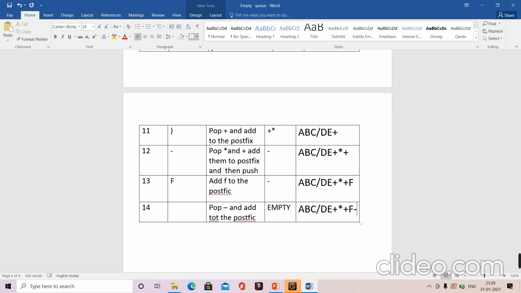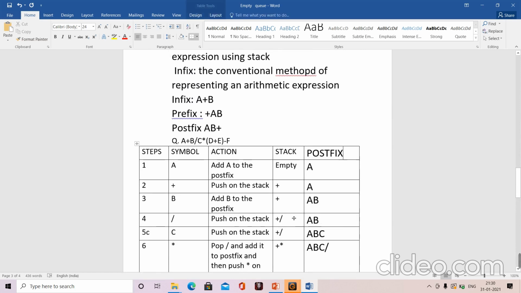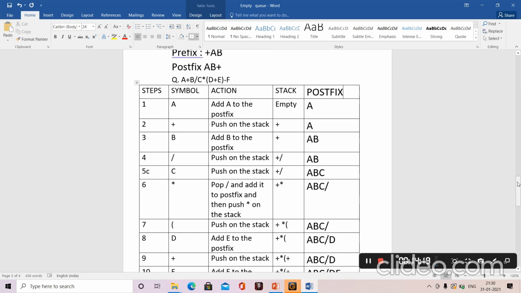Now you see here, this is how we are going to convert infix to postfix. In step number 2, the operator plus is simply pushed onto the stack since the stack is empty.